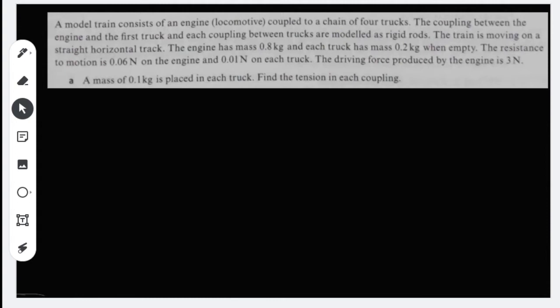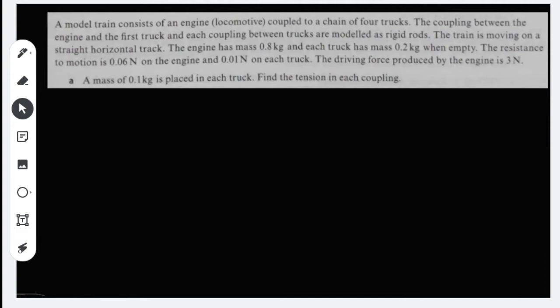So let's try to draw. Remember that we will be making use here of the laws of Newton. Basically, we will be using the second law, which is F is equal to ma. But before that, we need to start first with the diagram so that we will have a bird's eye view of the problem.